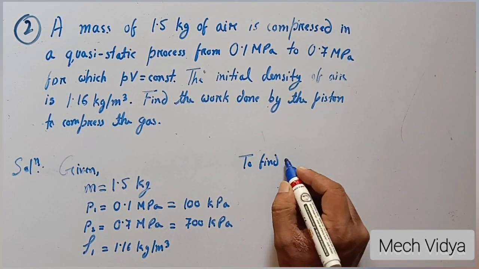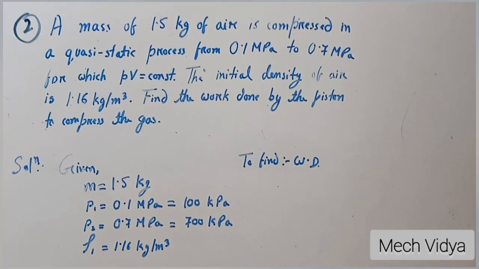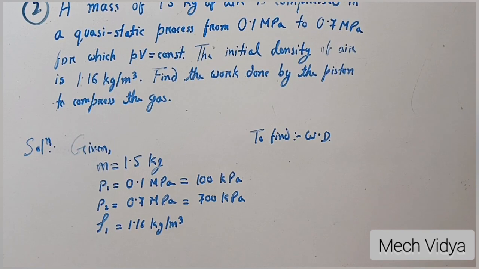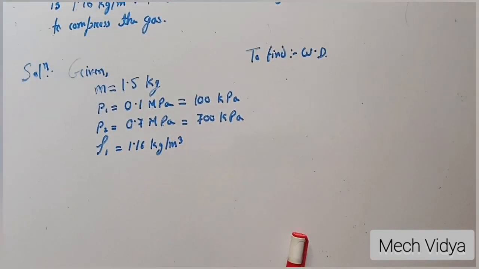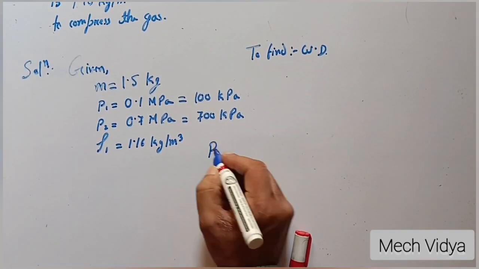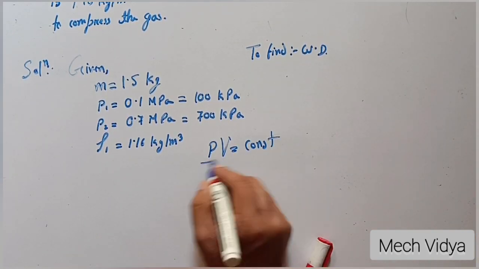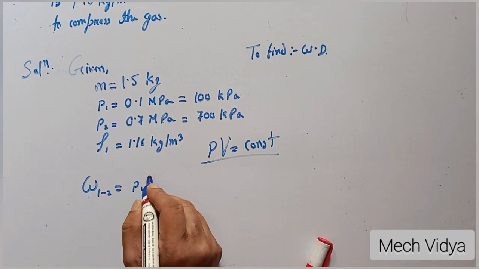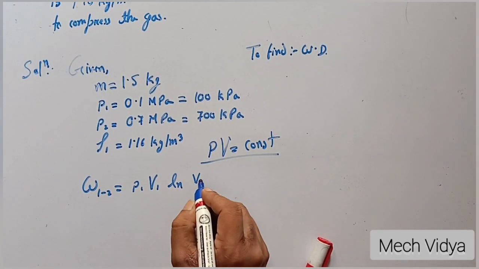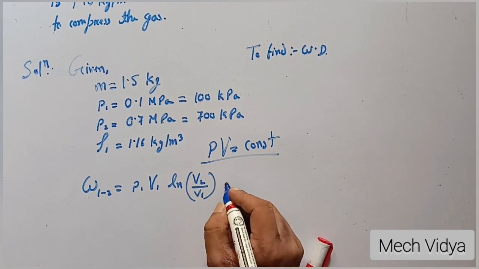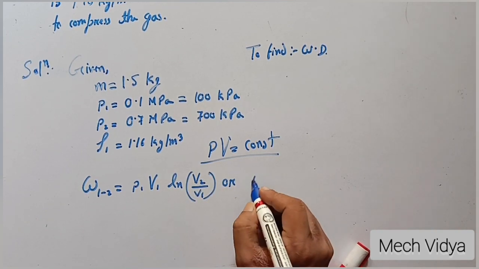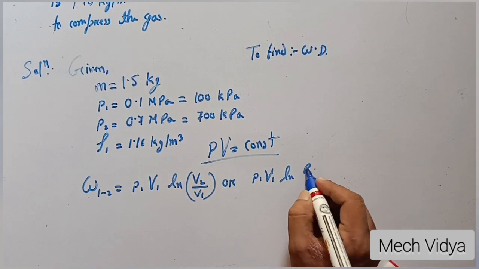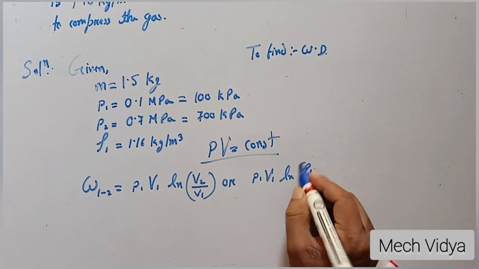Now here they have given that the product of P and V is constant. That means it is a case of an isothermal process. We know that work done during an isothermal process can be written as P1 V1 ln V2 divided by V1, or we can write P1 V1 ln P1 divided by P2.